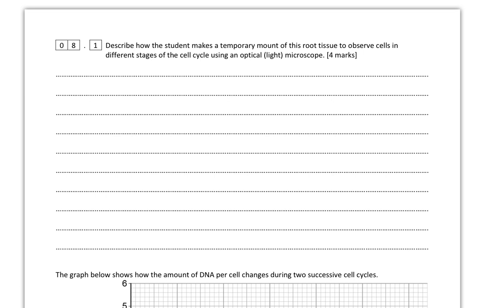So crucially here, it says root tissue. You need the tip. So I'm going to take 2 millimeters of the root tip and place in a staining block. That's my first one.